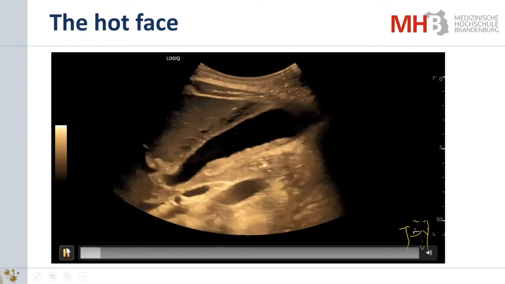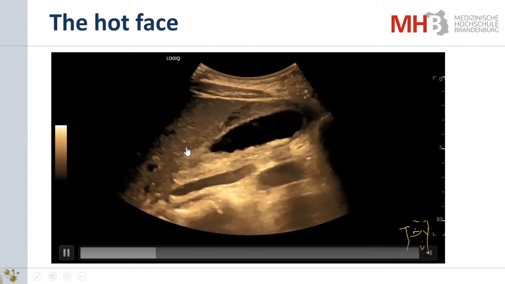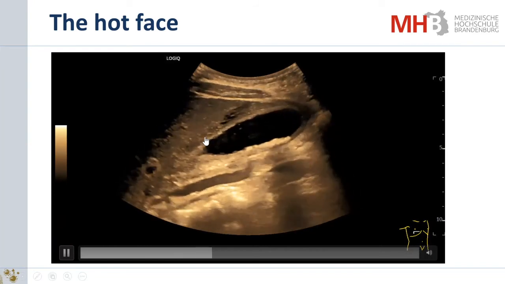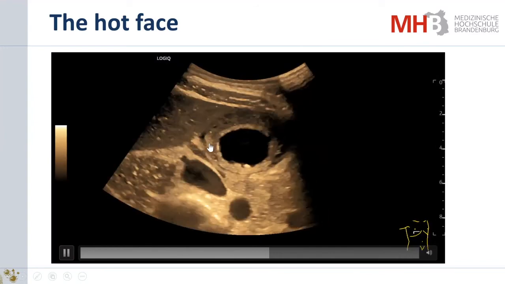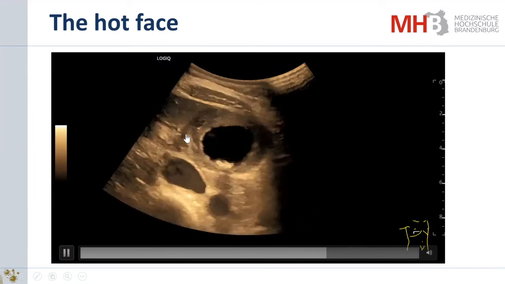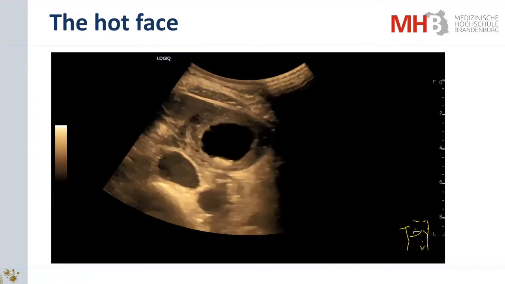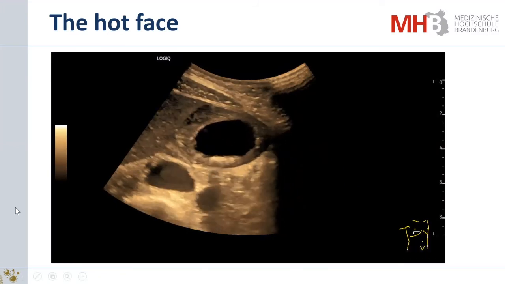And if we turn the transducer, we see that there is also, look in this region, that will come in the next moment. Here we have a little bit anechoic material, which is fluid. That means we have a very acute cholecystitis caused by these very small stones.